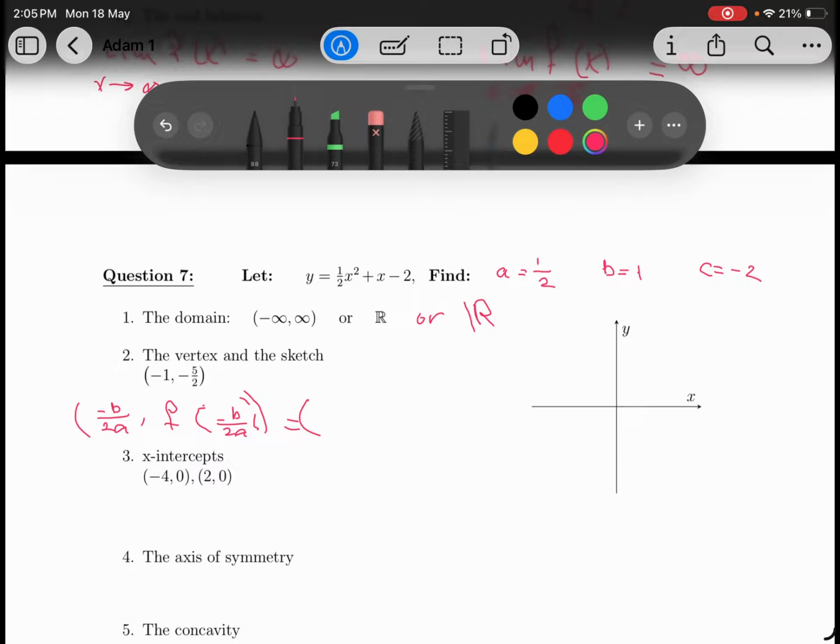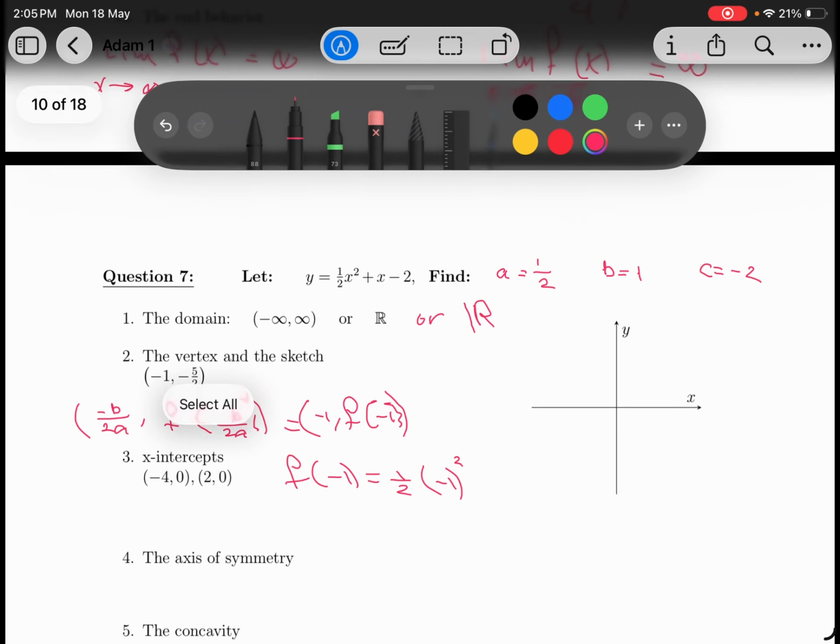Minus b over 2a, which is minus 1 over 2 times half over 1, which is obviously minus 1, and f of minus 1. And what is f of minus 1? I will show you how to find f of minus 1. You will plug in 1 over 2 like that, then minus 1 within parentheses, and please put the square outside, not inside the parentheses, okay?